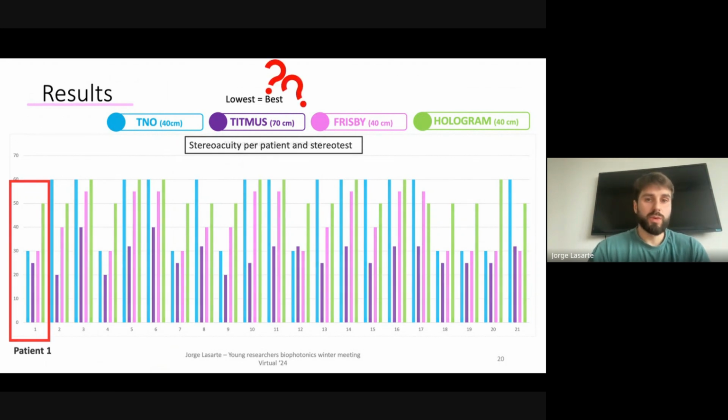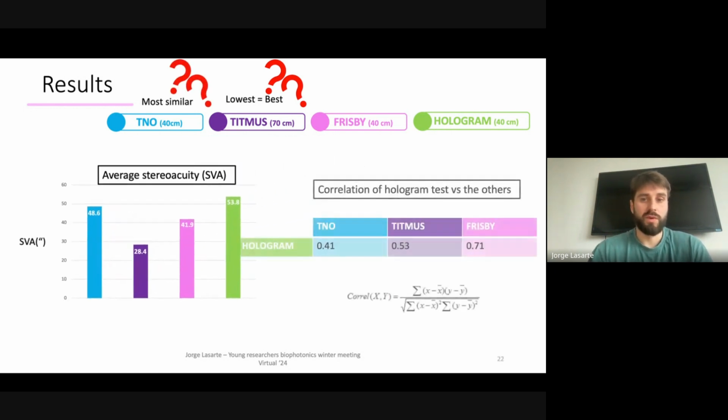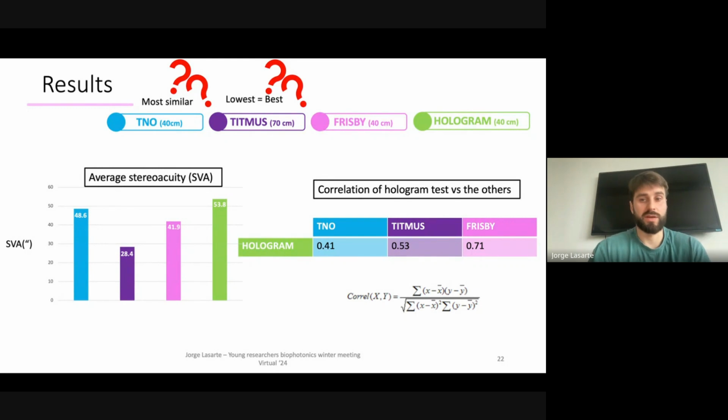Then if we compare which ones have the best average and how they compare with our holographic test, we could argue that TNO is the one that behaves closest because we achieve a similar SVA average. But then if we perform the actual correlation between all of the tests, we find that Frisby is the one that is best correlated with our holographic test, which makes sense because out of them, the other three, it is the only one that's an actual real depth test, like the holographic one.